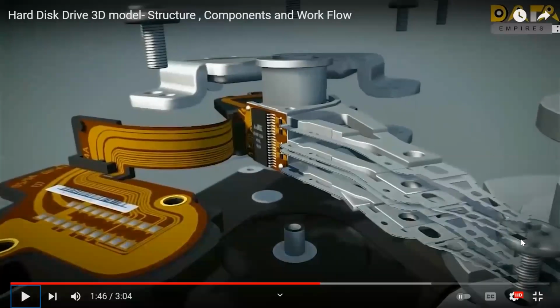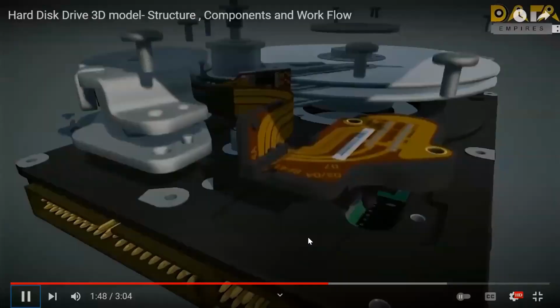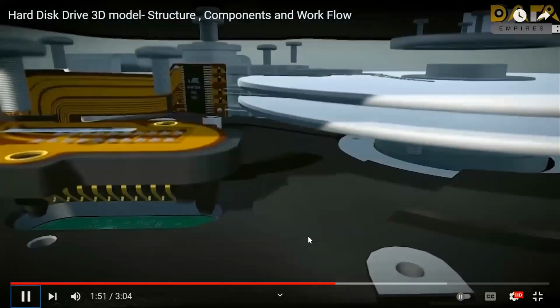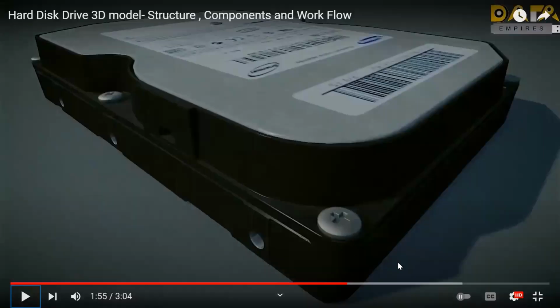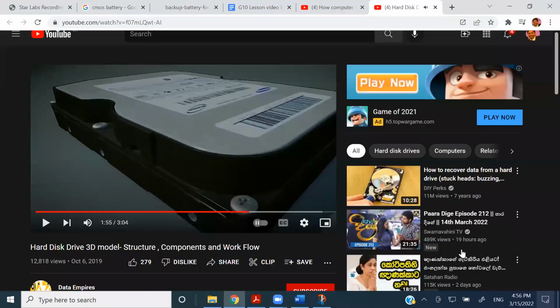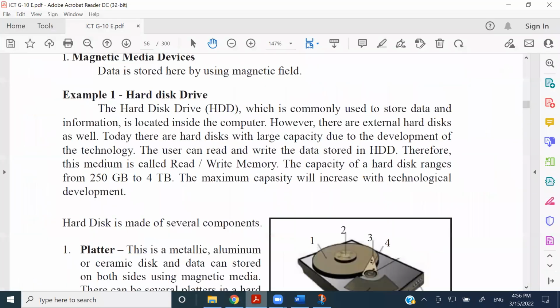You can see there are multiple heads over here, to do the reading and writing, and both surfaces of the platter are used for writing. Okay, so that's how it is when it comes to the hard disk.